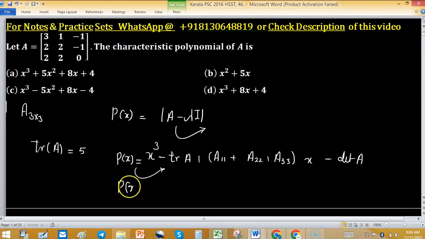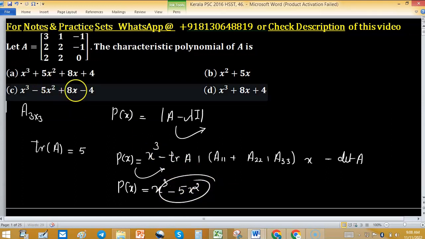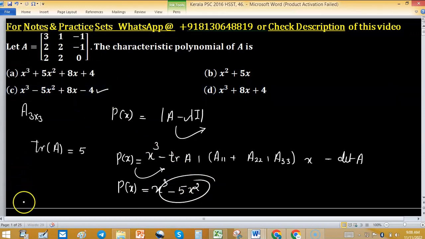If we have polynomial suggestions, as you can observe in the options, so x^3 and the trace is 5, that's why -5x^2 is the term in option C, so option C will be correct.